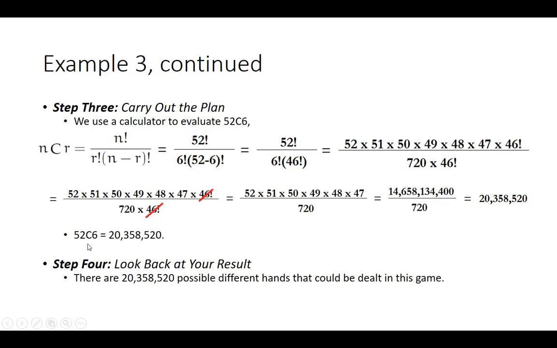And again, if you used a calculator and the combination function directly and put in 52C6, you would get your 20,358,520 directly without having to do the intermediate calculation. So looking back at our result, there are 20,358,520 possible different hands that could be dealt in this game.